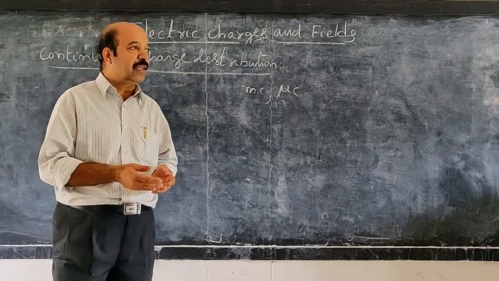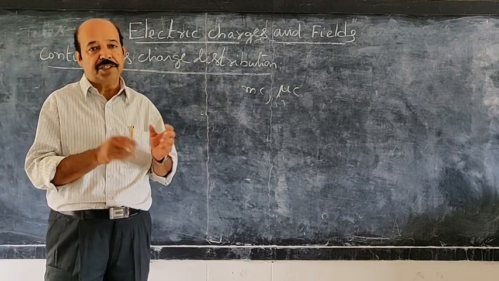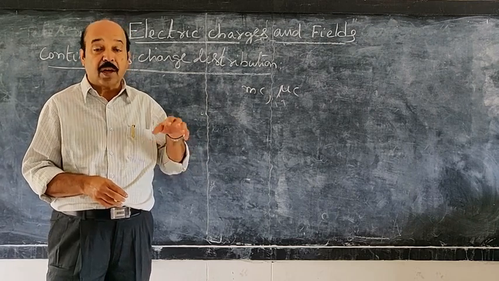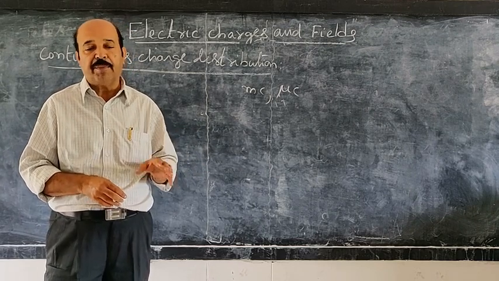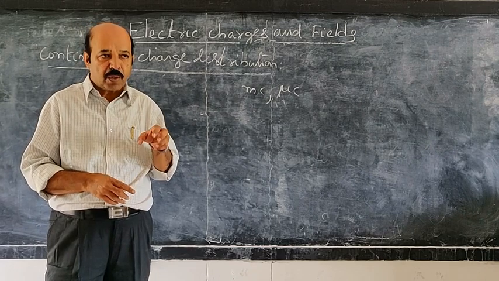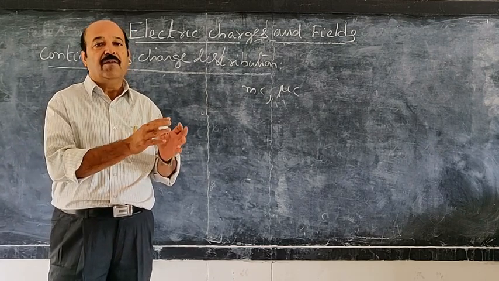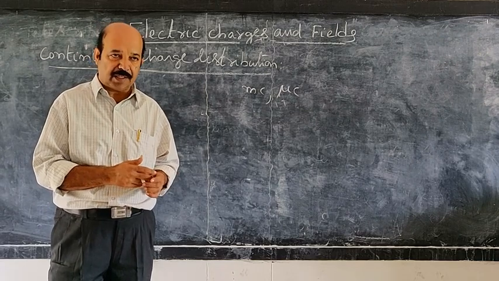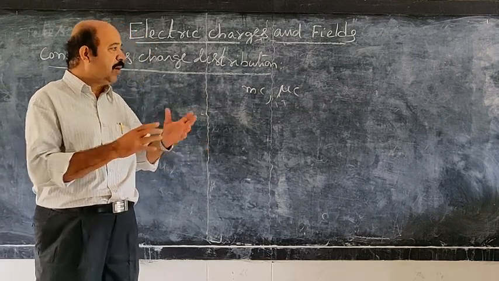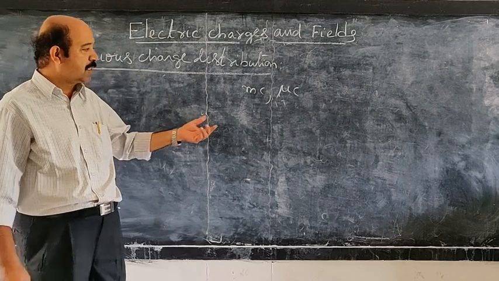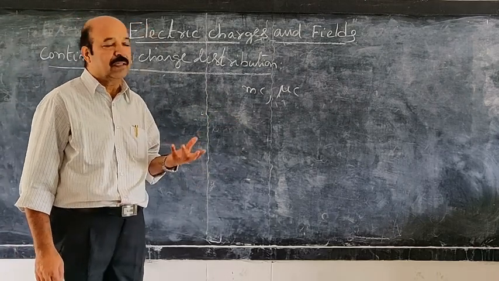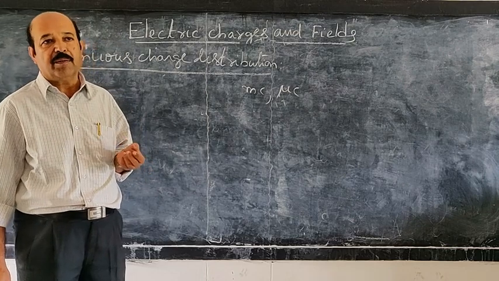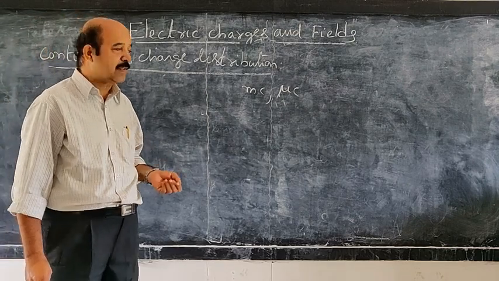So you need not consider it as a discrete charge distribution. When we discuss charges at atomic level or subatomic level, so in microscopic consideration, we may take that discrete concept of electrical charges. But for bodies having charges of this order, we may consider continuous charge distribution, so that the problem can be easily analyzed.